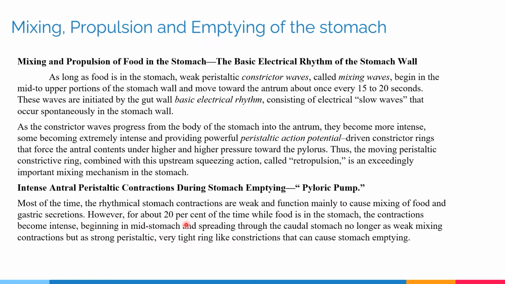However, 20% of the time, while food is in the stomach, the contractions become intense, beginning in the mid-stomach and spreading through the caudal stomach, no longer as weak mixing contractions, but as strong peristaltic, very tight ring-like constrictions that can cause stomach emptying.